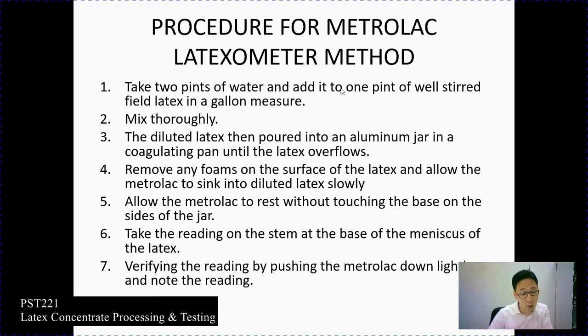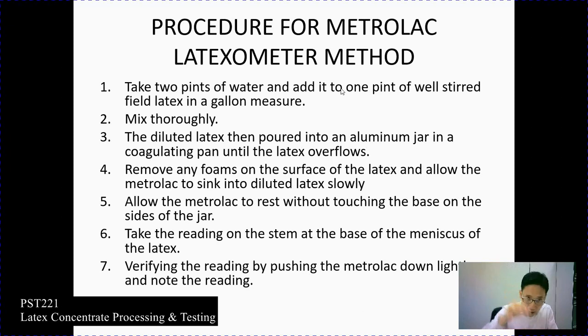So you need to have, what we call, a latex with a smooth surface. Okay, you remove any foam on the surface of the latex and allow the Metrolac to sink into the diluted latex slowly. So you put the Metrolac in the mixture of latex with water that you prepared earlier.